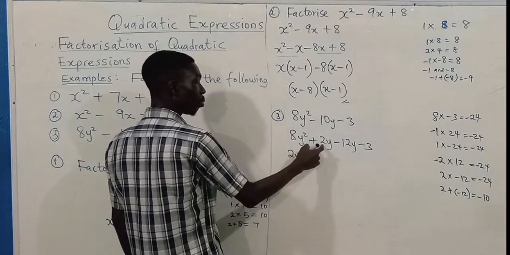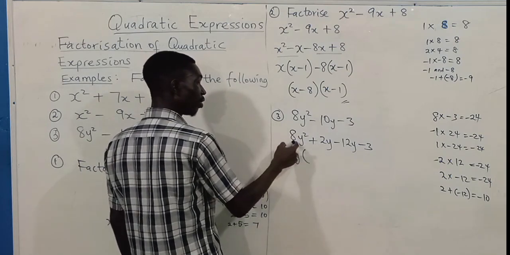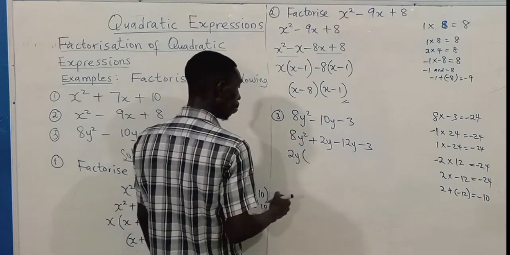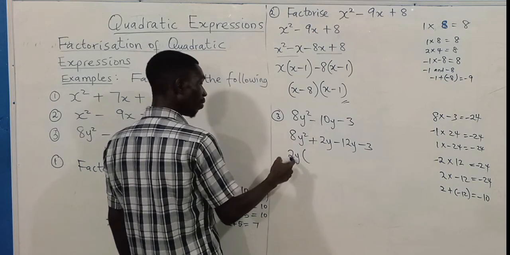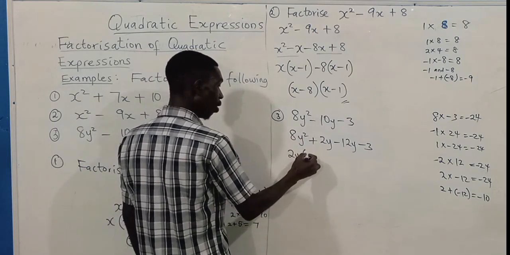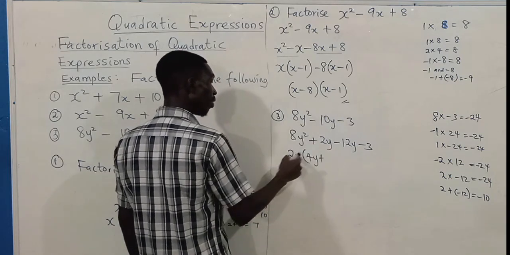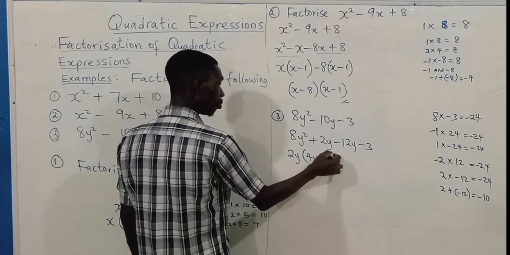That is the highest common factor of this and this, 2y. 8y squared divided by 2y is 4y, plus 2y divided by 2y is 1.